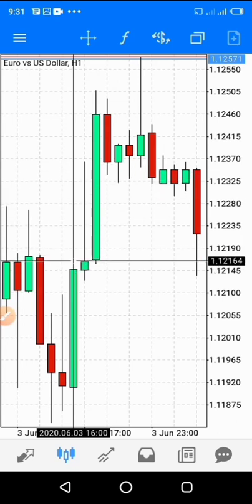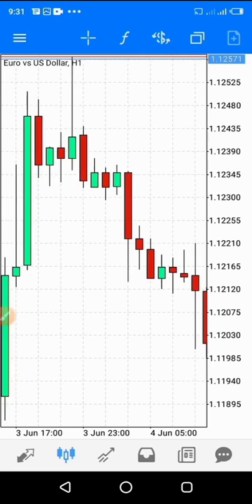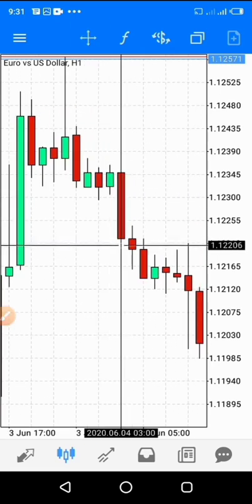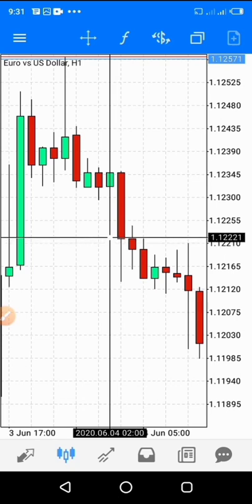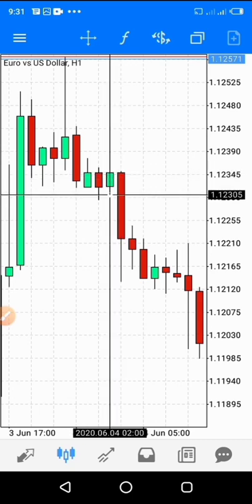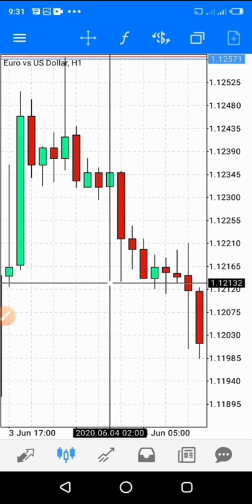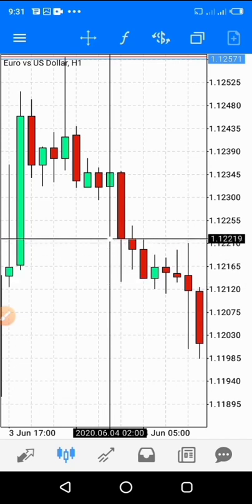In the reverse situation, a long lower tail, it means that price started from this level, a bearish candle, and came down to this level. But buyers came into the market, and in an attempt to find equilibrium, pushed the price up, and the price closed at the level of 1.12219.